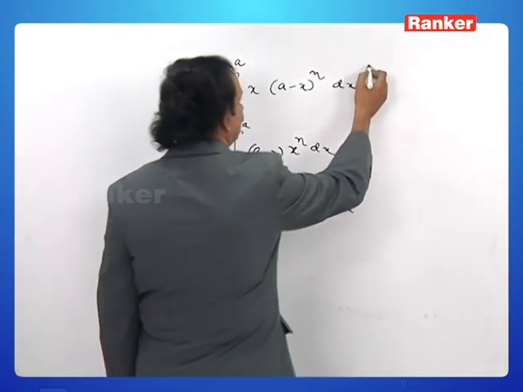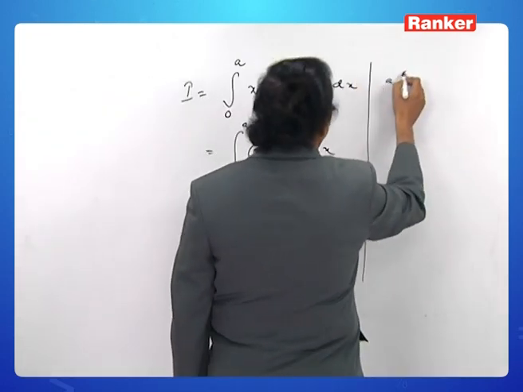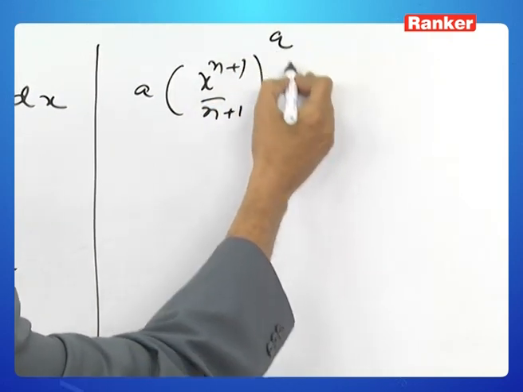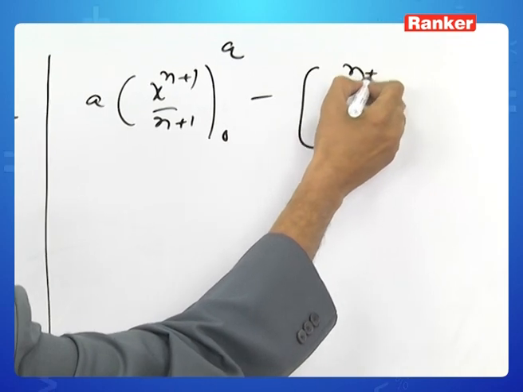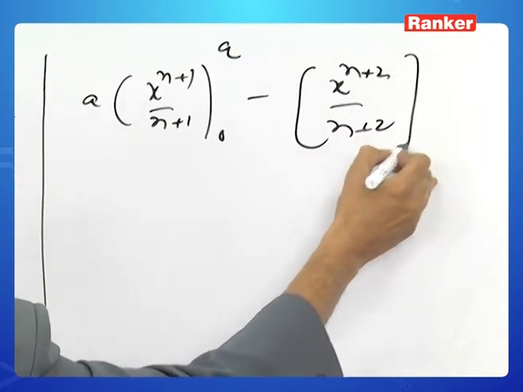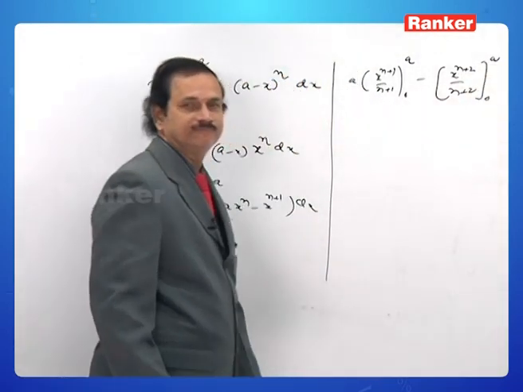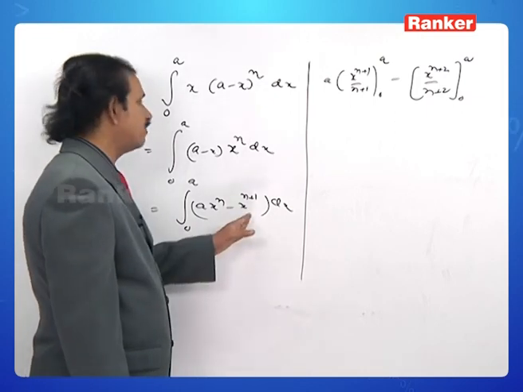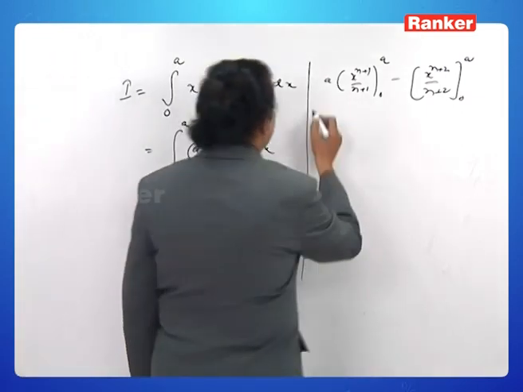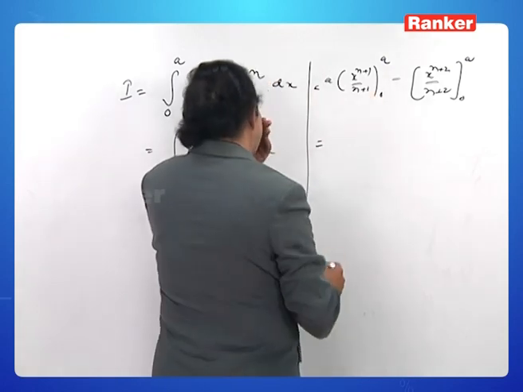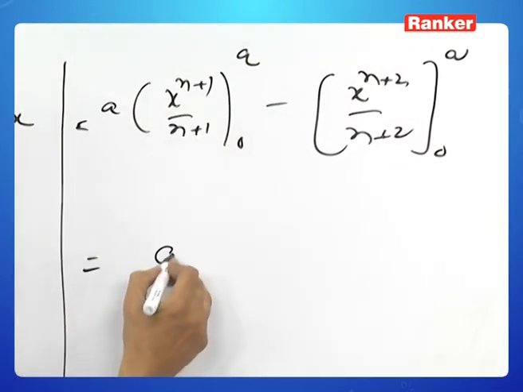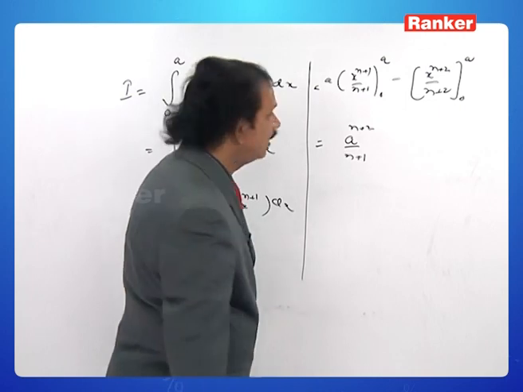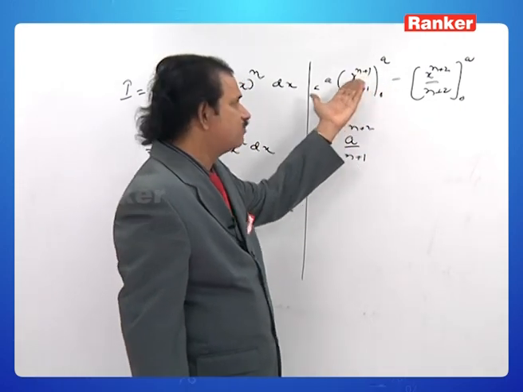Okay, so this is a into x power n plus 1 by n plus 1 between the limits 0 to a, minus x power n plus 2 by n plus 2 between the limits 0 to a. Am I correct? Hence this is, you put a in the beginning, a into a power n plus 1, that is a power n plus 2 by n plus 1, minus, if you put x is equal to 0, this becomes 0, no problem.